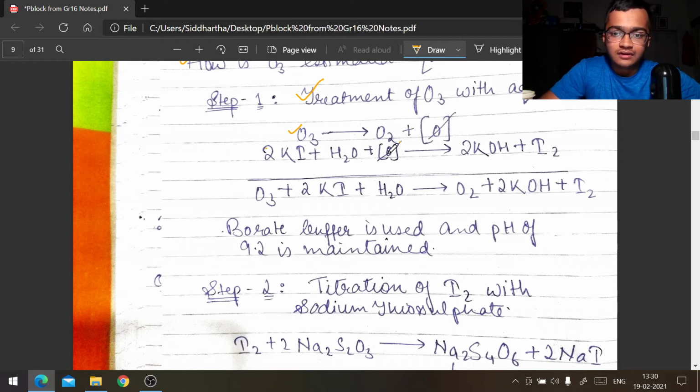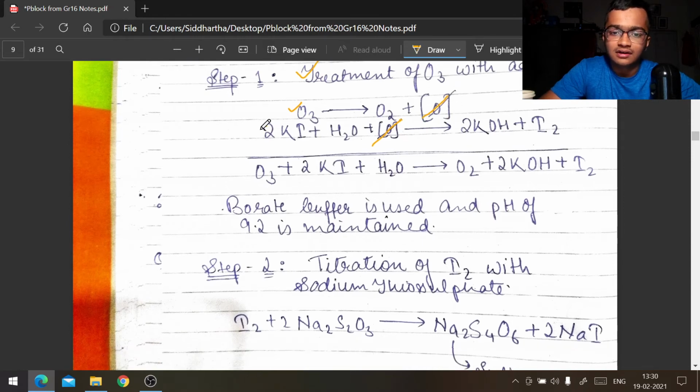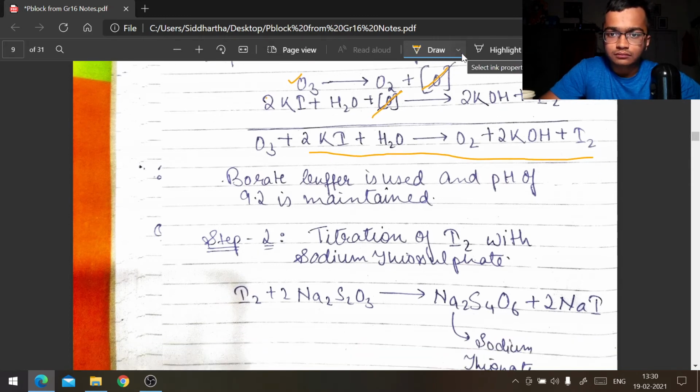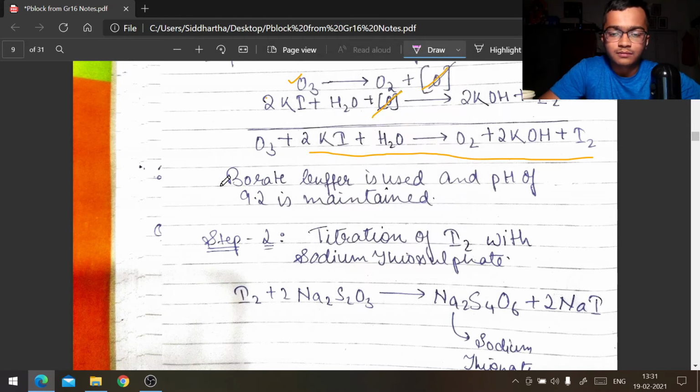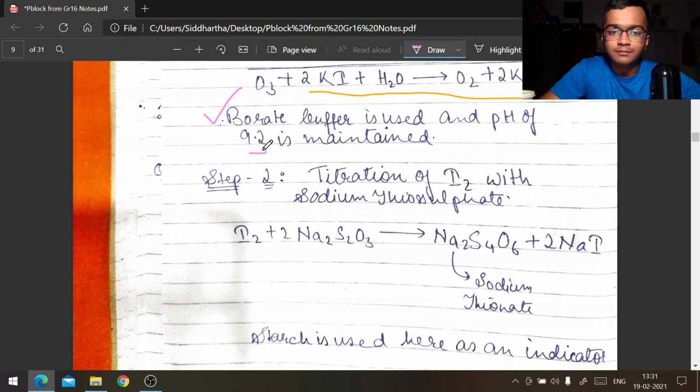So if we add these reactions, this nascent oxygen and this nascent oxygen get cancelled out, and we obtain O3 plus 2KI plus H2O, as you can see here. Now here you have to remember that a borate buffer is used, and the pH is maintained at 9.2, which is the basic medium.